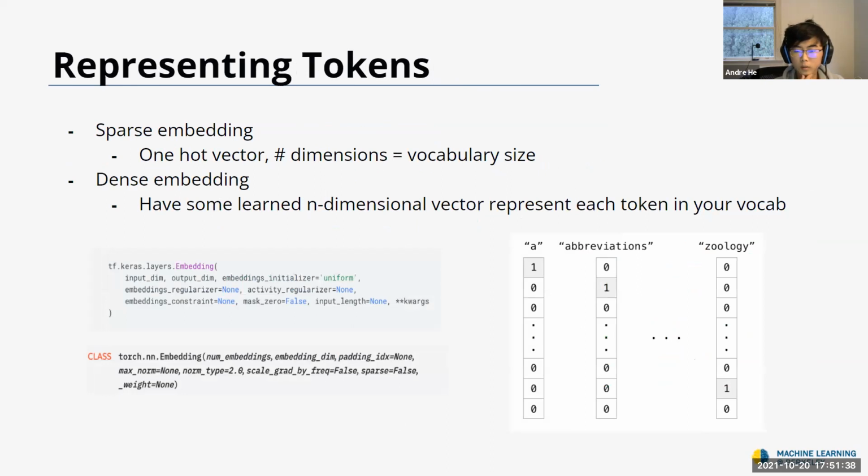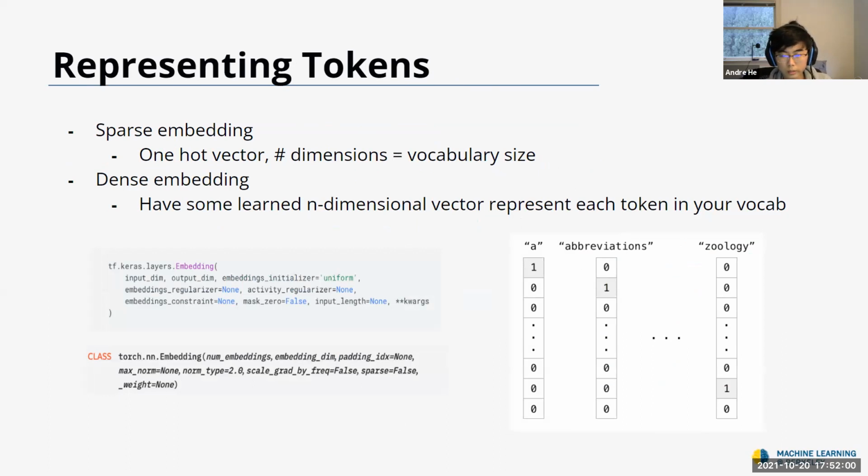Once you've figured out what your vocabulary is, you still have to represent it as vectors, and there are two ways to do this. One is to use sparse embeddings. Each character will be mapped to an integer, right? And then that integer will have a corresponding one-hot vector.